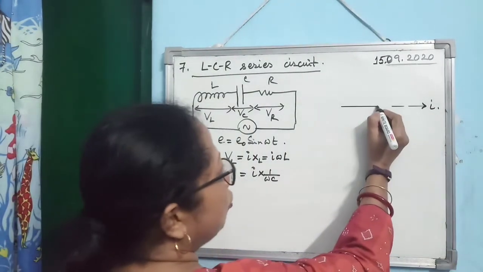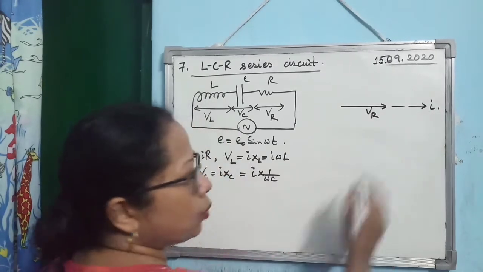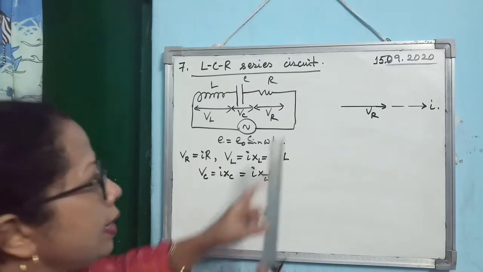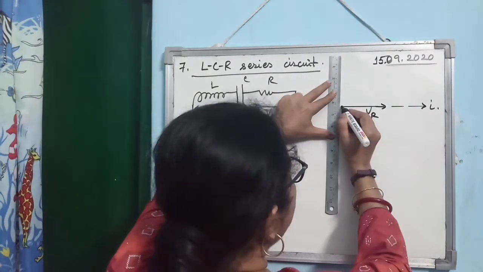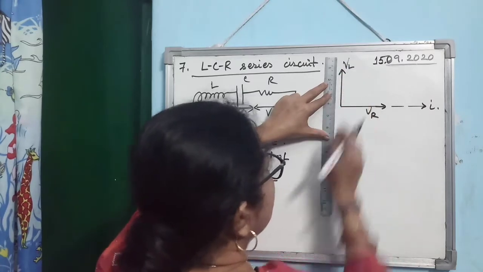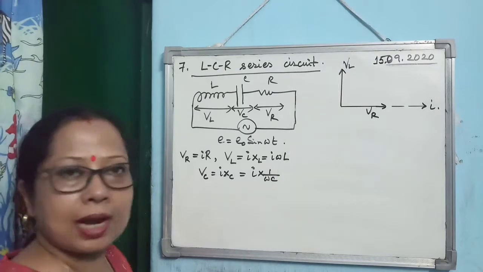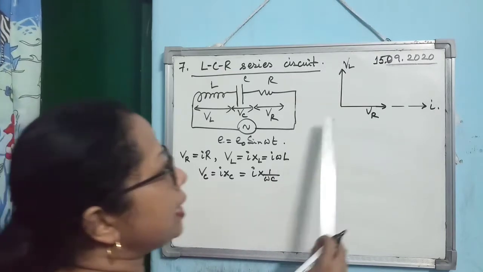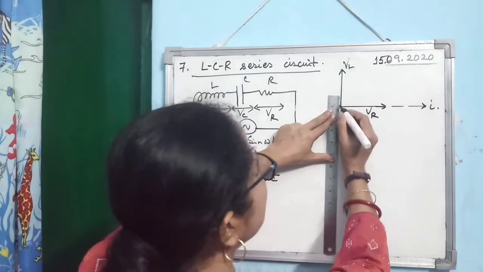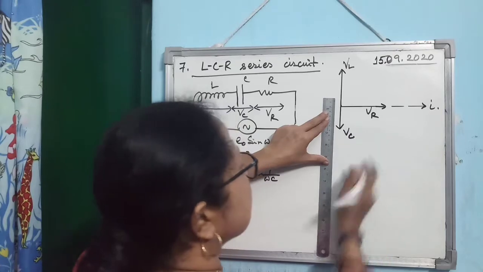So as we know, VR is in phase with I. So VR will be along the same line as that of I. Then you know VL, it leads I by an angle pi by 2. So VL will be along this direction. Then VC, it lags behind I by an angle pi by 2. So if you consider, then VC is in this direction.